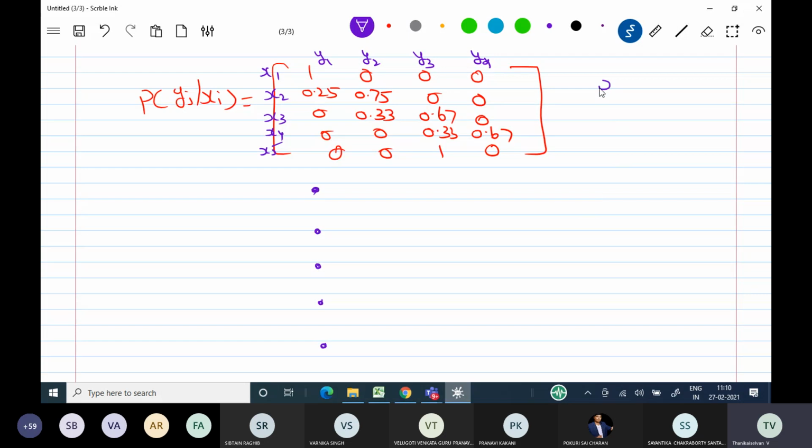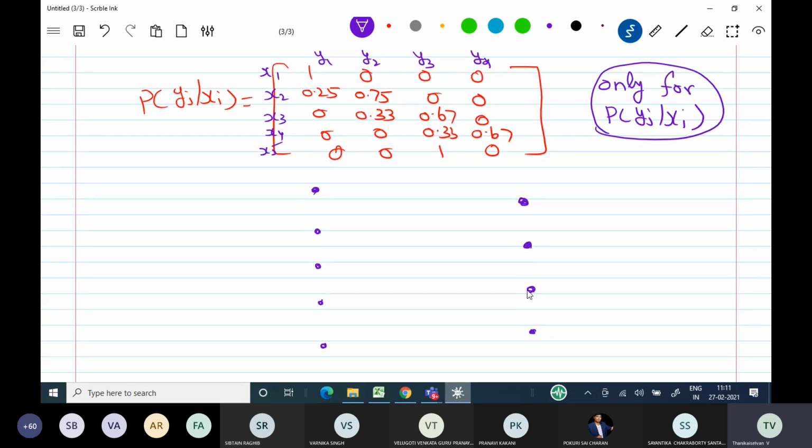This is applicable only, please note down, only for probability of yj given xi. A channel diagram cannot be drawn with the help of the joint probability matrix. I found that some teachers are teaching using JPM to draw the channel diagram.